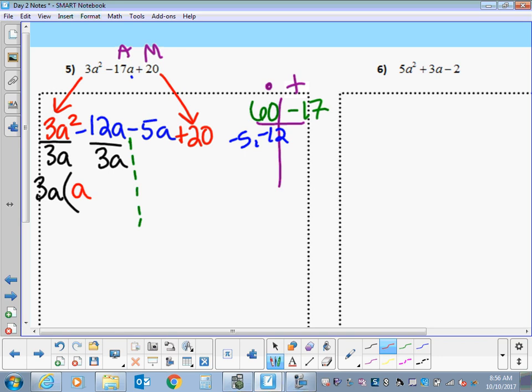Negative 12a divided by 3a is, my a's cancel out, so I just have negative 4. Because negative 12 divided by 3 is negative 4. Alright, on the other side, I have negative 5a plus 20. What's my GCF? Oh, 5. So if we pull that down, what's negative 5a divided by 5?